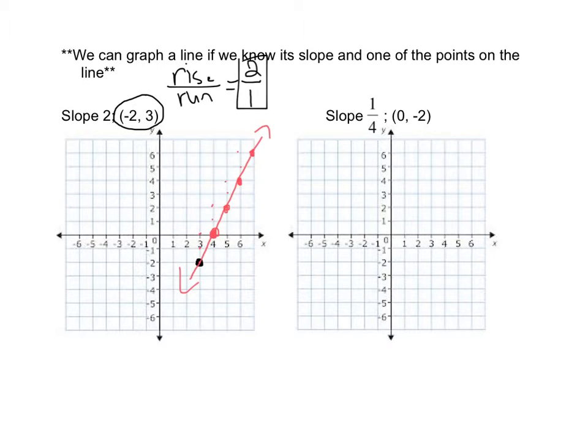So now what I'd like you to do is go ahead and pause the video and see if you can do the next problem on your own. Alright, so remember we're going to start by graphing our point (0, -2), which means your point should be right there. Since our slope is 1 over 4, our rise is 1, which means we're going to go up 1 for every 4 to the right that we go.